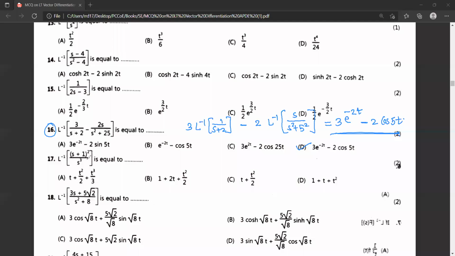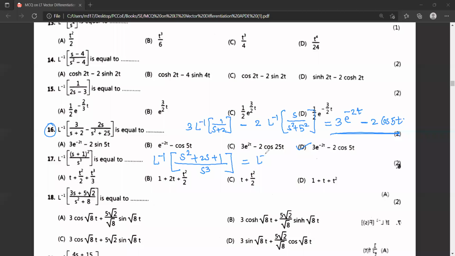Now look at this one. This is Laplace inverse of (s plus 1) square by s cube. What are we supposed to do here? You're supposed to expand it. If we expand it, we get s square plus 2s plus 1 divided by s cube.